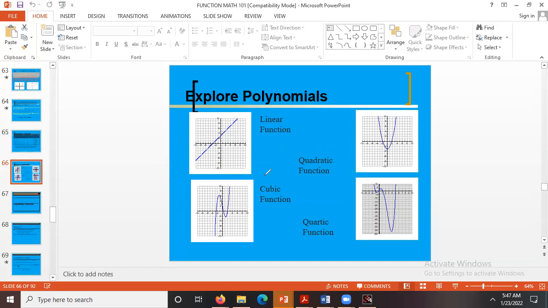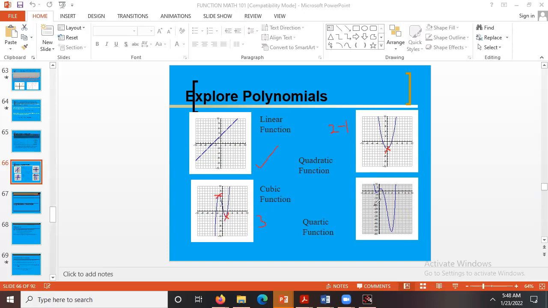Then here, the quadratic has a degree of 2, so 2 minus 1 gives us 1 turning point here. For a cubic function, the degree is 3, so 3 minus 1 is 2, so you have 2 turning points, as you can see here.